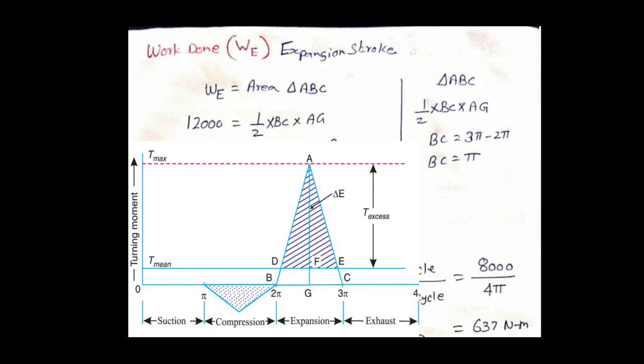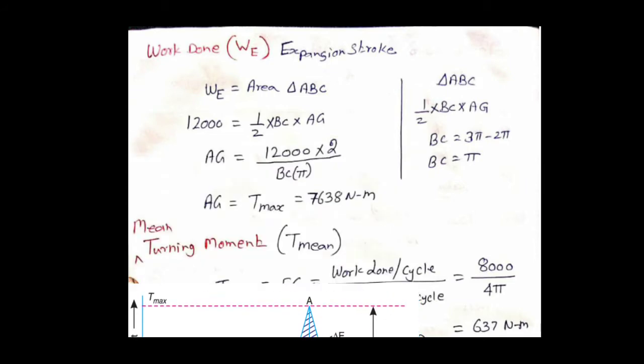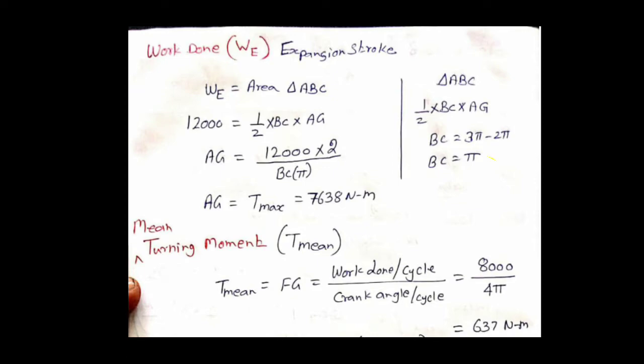Substitute the BC value in the triangle formula for calculating the work done per expansion stroke. Rearranging this equation, the unknown is AG, so AG is equal to 12,000 into 2 divided by BC; instead of BC we put pi. So AG is equal to T max.